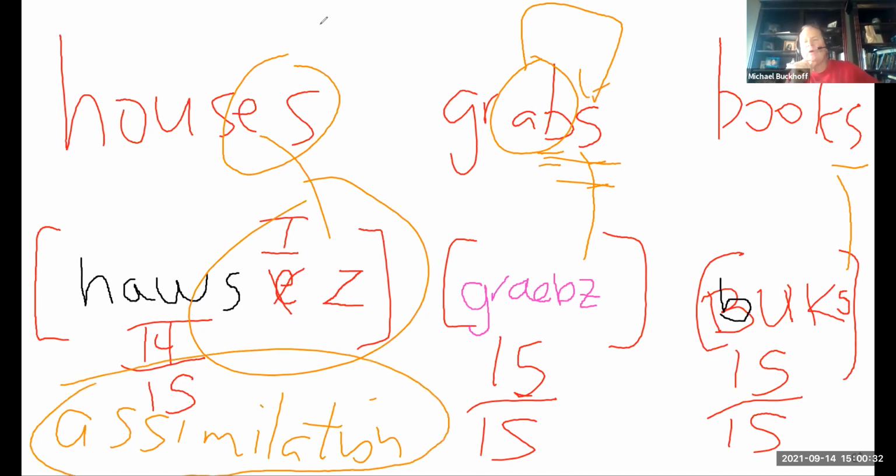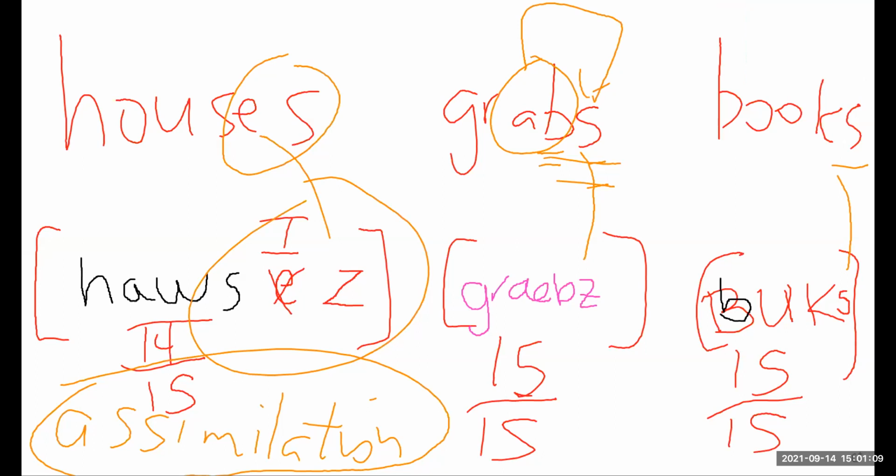Okay, let's go to the last one. Why is the S pronounced as an S after the K? I can't see anybody or anything right now because I'm at the whiteboard, but anybody jump in at any second, whatever you want, it's okay.